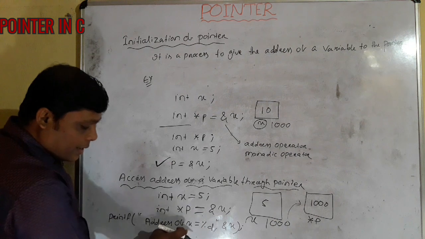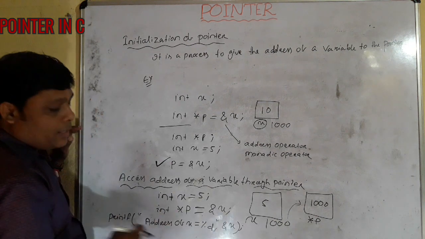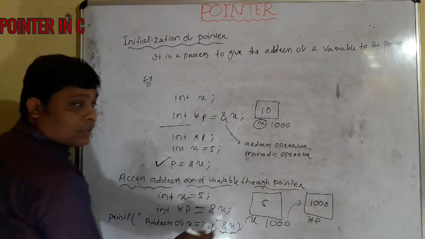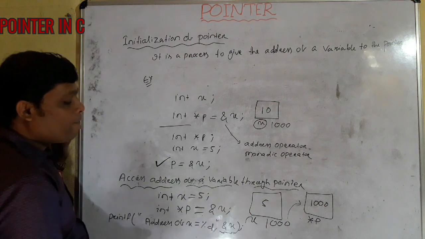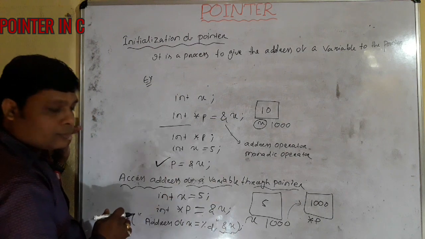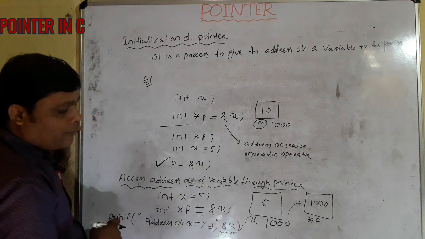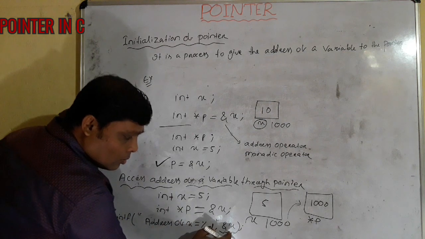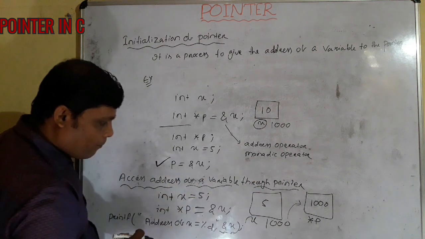So if I print the address of x equal to %d, &x, it will display what? 1000. If I have taken one example that the address is 1000, so for this example it will display 1000. Clear? Ampersand gives the address of a variable. Clear? How can we find this address of x using a pointer?